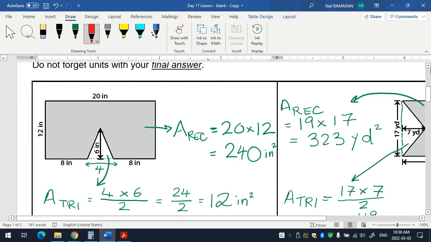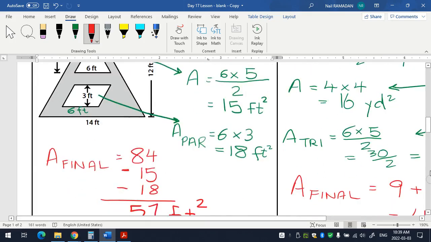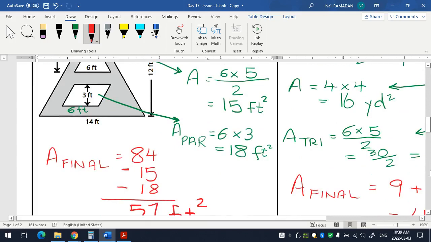I completed it as if the gap wasn't there, and then I removed it. Same exact idea. Make sense? You can always expand your diagram to make it inside and then subtract. That's the whole idea. This one is different, right? Noor, this one is already inside, so you don't have a question about that. It's what if you need to complete and then subtract. Question, or are you good? Katrina? Good?